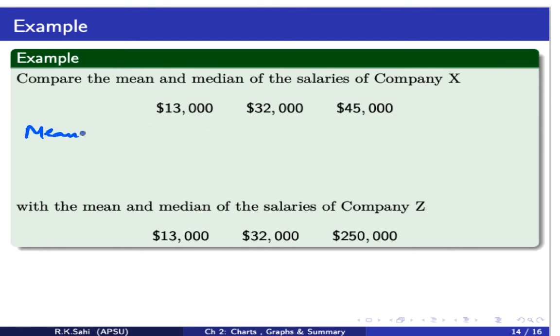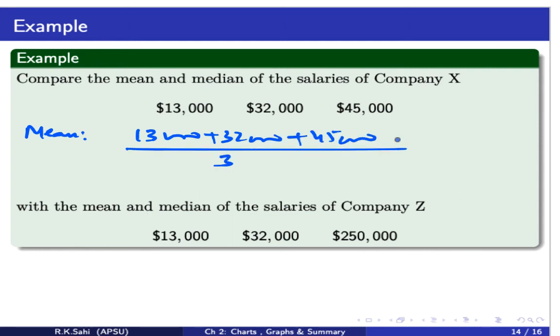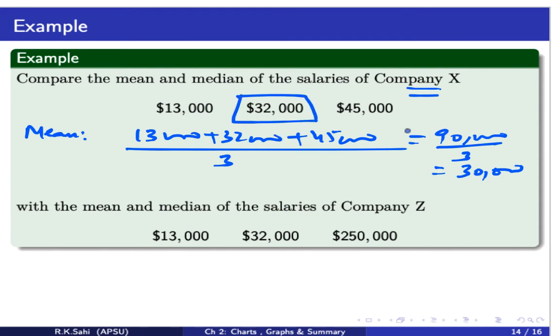We add up all the elements: 13,000 plus 32,000 plus 45,000, divided by 3. 13 and 32 is 45, and 45 plus 45 is 90,000, divided by 3 is 30,000. Also, in this company X, the median is 32. The median and mean are very, very close to each other.